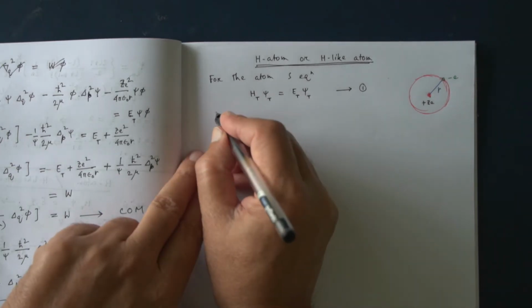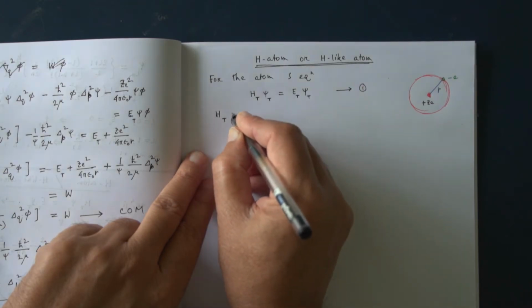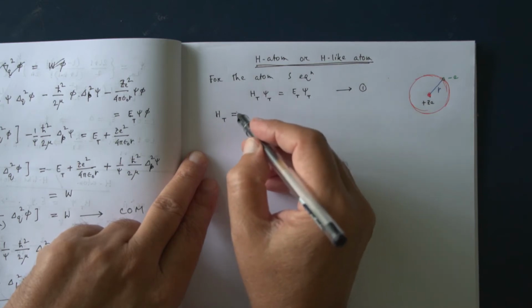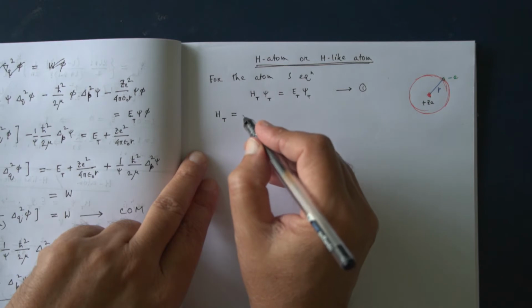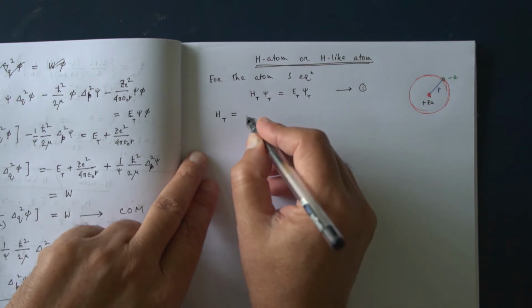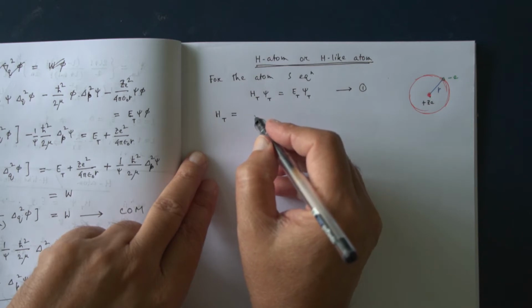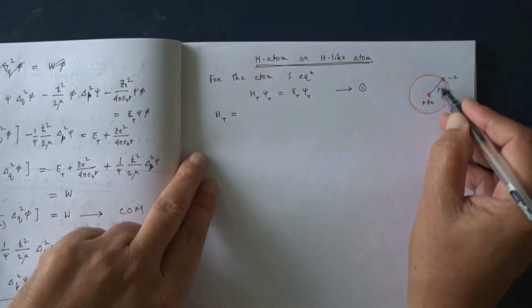Here H_T is the Hamiltonian operator. What does the Hamiltonian contain? It contains the operator for kinetic energy plus the operator for potential energy. But there are two particles, nucleus and electron.